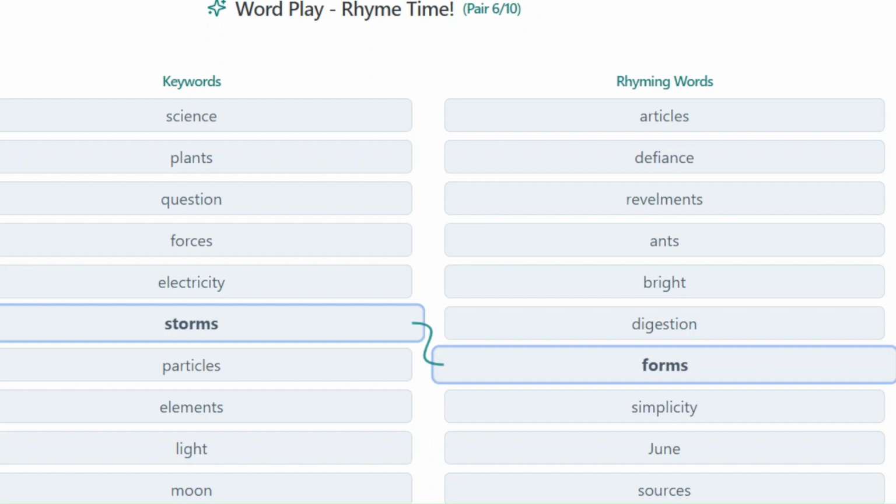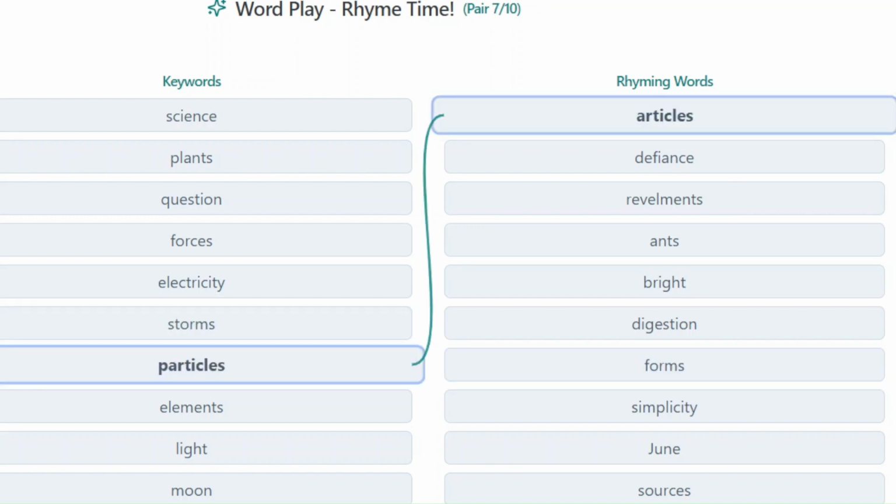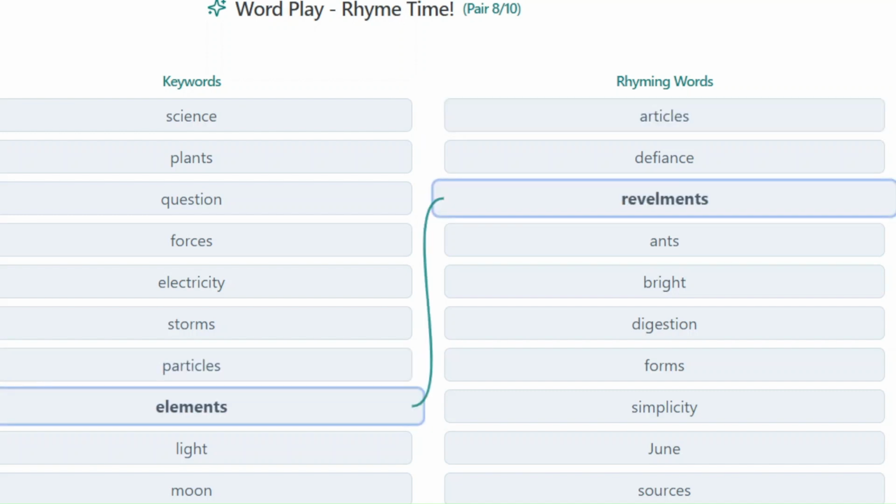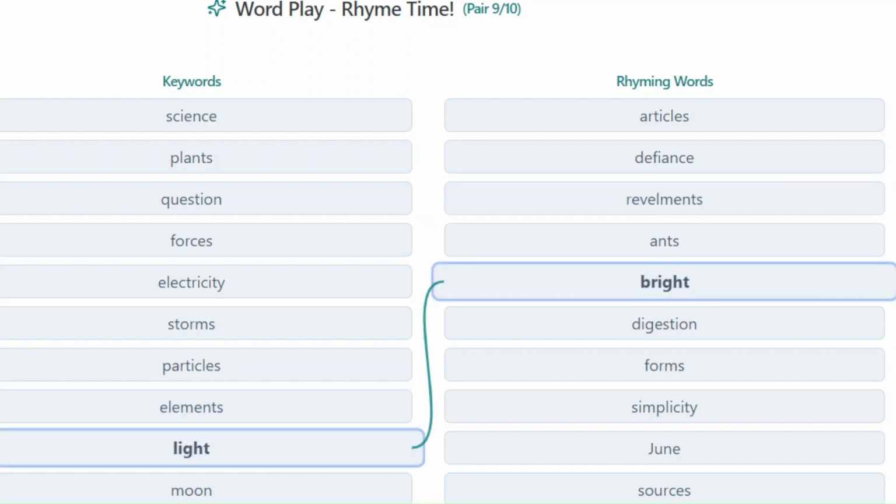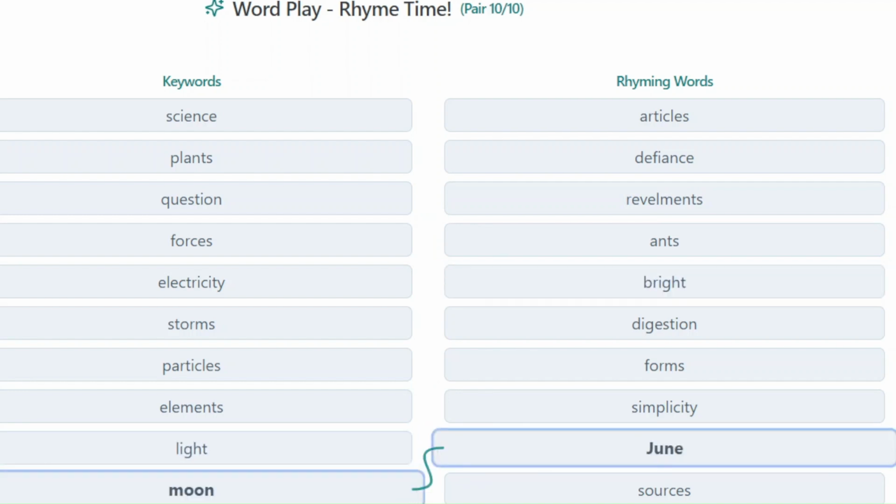Storms, forms. Particles, articles. Elements, revelments. Light, bright. Moon, June.